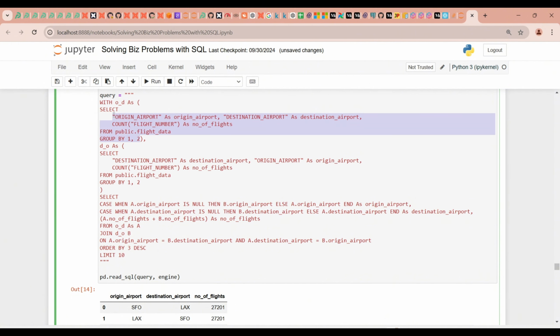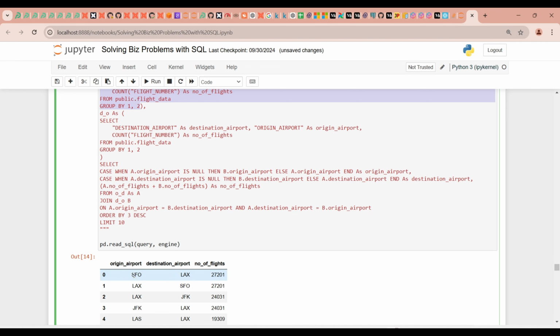Now what we're gonna do is this. You can do something like a comparison and say if the origin airport is less than the destination airport, choose the origin airport, just to swap.